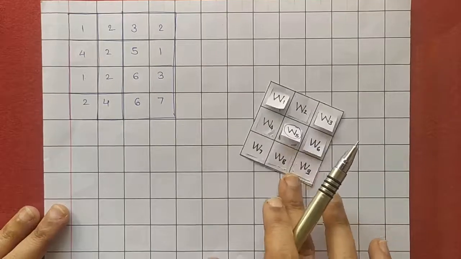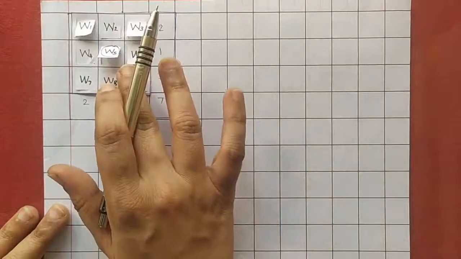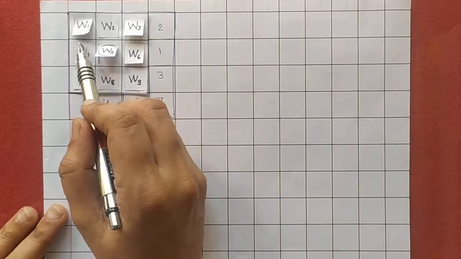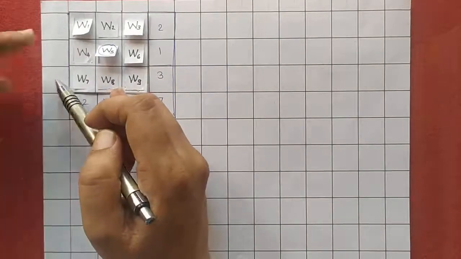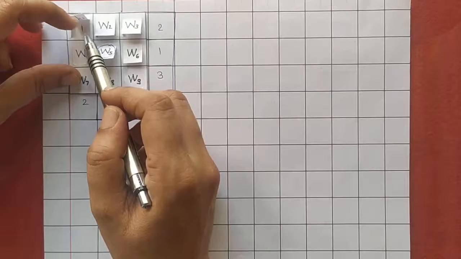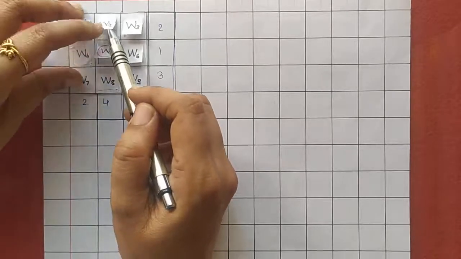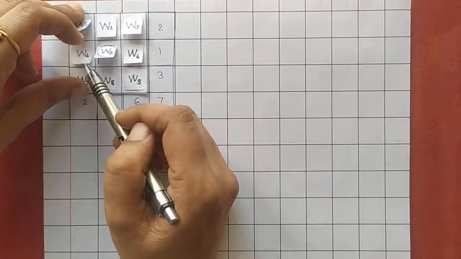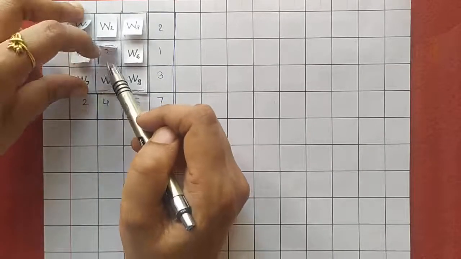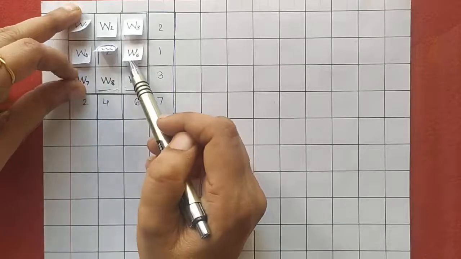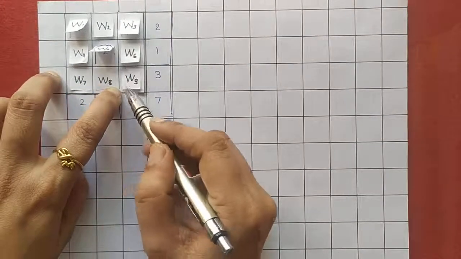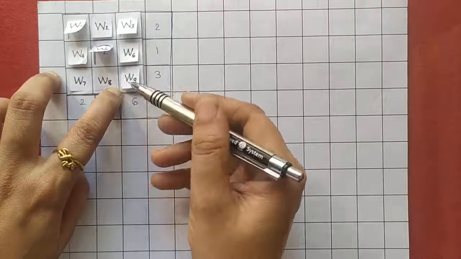So what we have to do, we have to move our mask over the image like this. We have to multiply W1 with this particular pixel plus W2 with this pixel plus W3 with this pixel, W4 with this pixel, W5 with this pixel, W6 with this pixel, like that up to W9 into this pixel value.